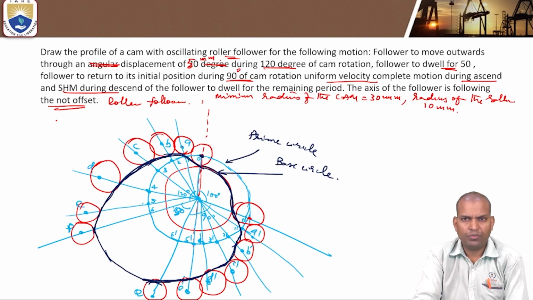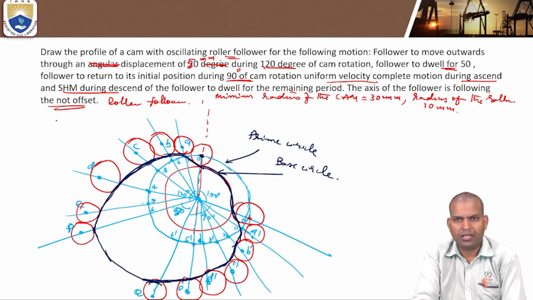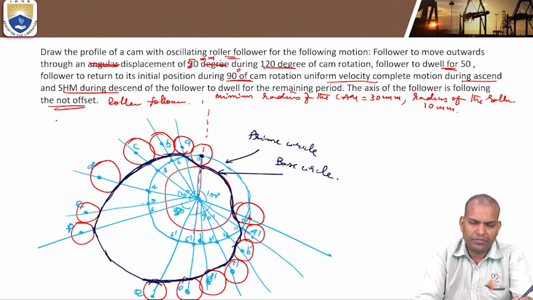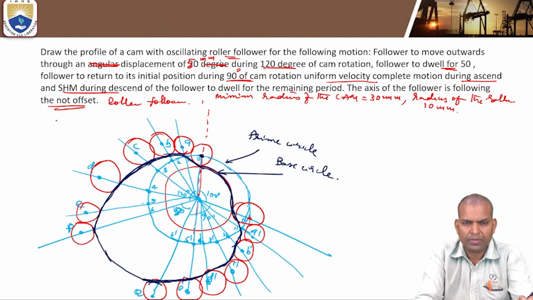One more very important thing is the pressure angle. What is the pressure angle? We studied that. The pressure angle is the angle between the direction of motion of the follower and the normal to the pitch curve. If the pressure angle is maximum, follower jamming takes place. The follower jams in its bearings.